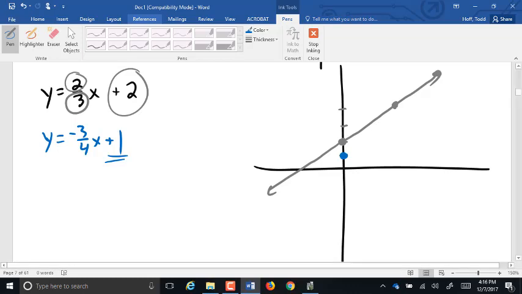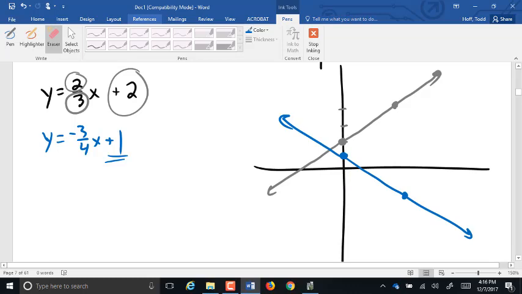So -3/4, it's -3, which means from this point we go down 3. Perfect. Then from there we run 1, 2, 3, 4. The run is always positive. So our line goes through those 2 points.